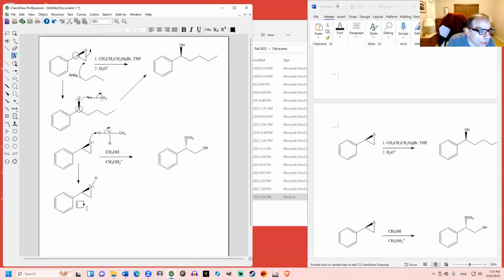Next, you take whatever alcohol you're given. In this case, it's methanol. It will probably be an alcohol or water. But whatever the solvent is, you take that, and now we attack again on the more substituted carbon, because that carbon helps the oxygen bear more of the plus charge.